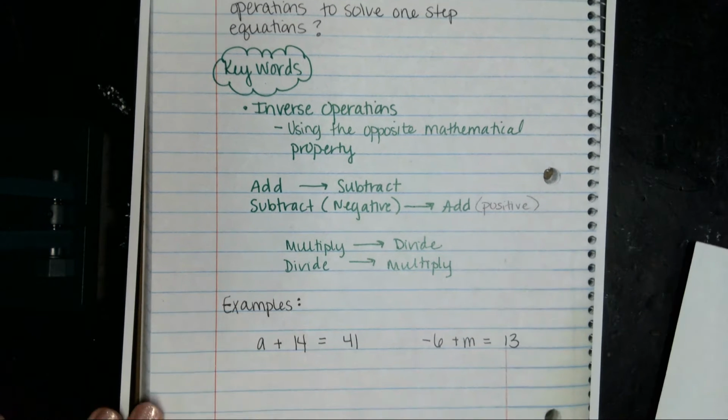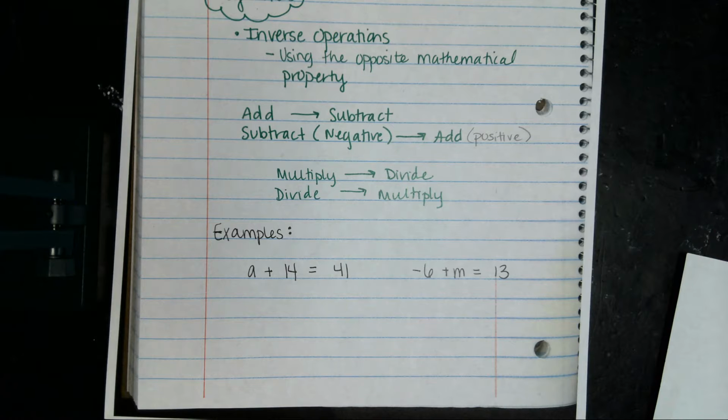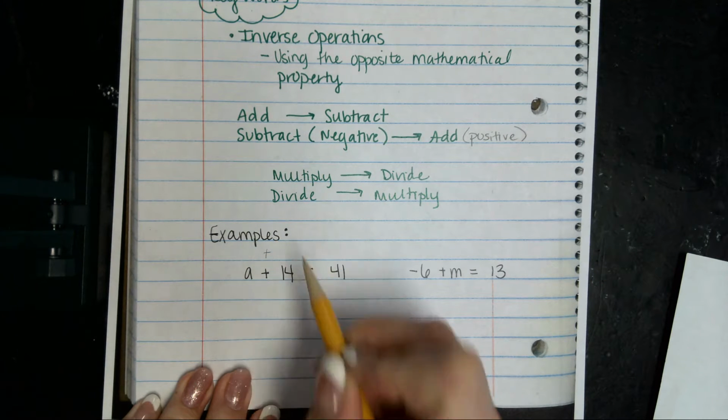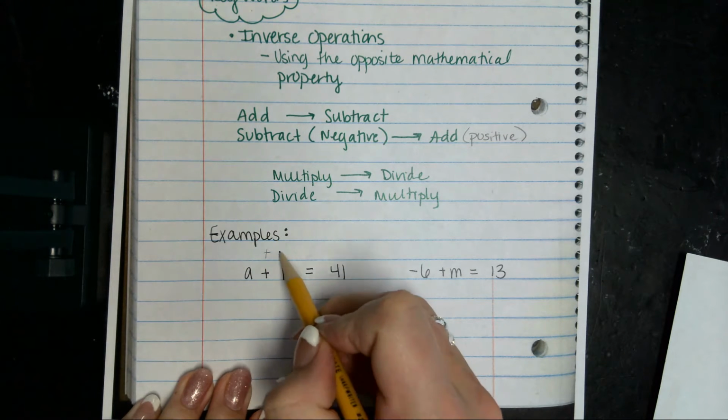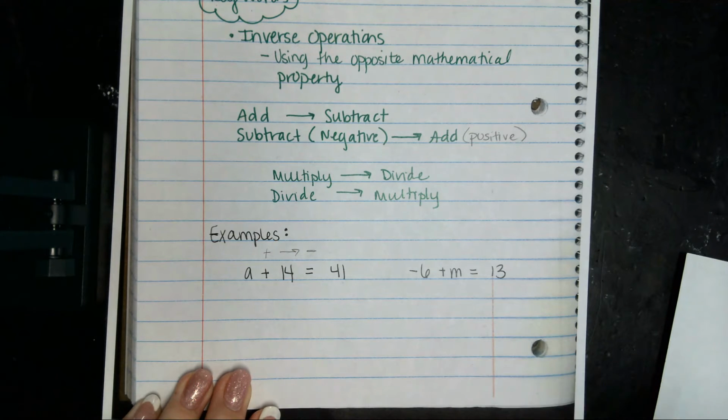Now I have these two examples here. Our first one is a plus 14 equals 41. Here we have addition. Now the opposite of addition is subtraction, so I'm going to want to minus a number.